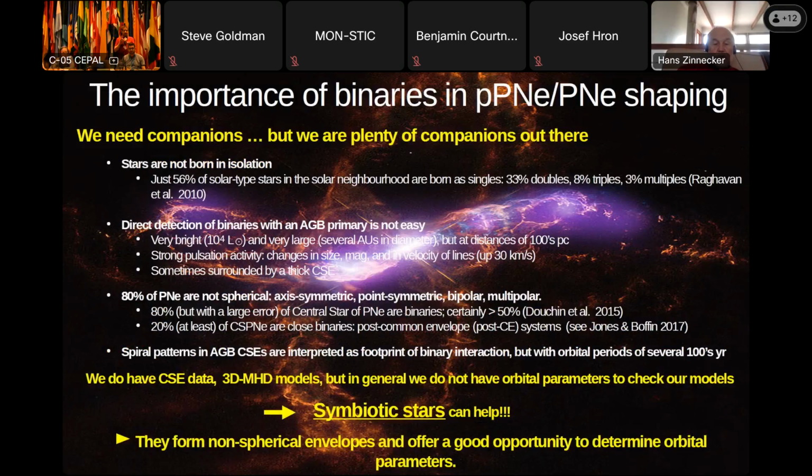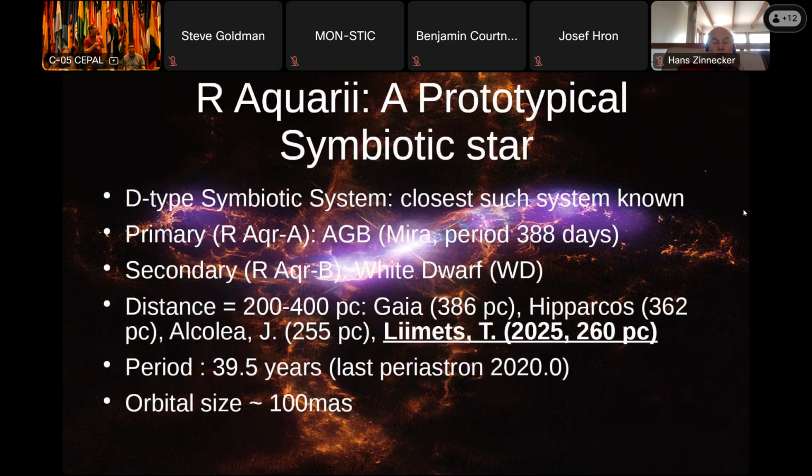Of course, symbiotic stars will not produce planetary nebulae, but they do produce bipolar nebulae. And so because of that, we decided to try to observe one of the most famous symbiotic stars, Mira, which has been observed for 100 years.